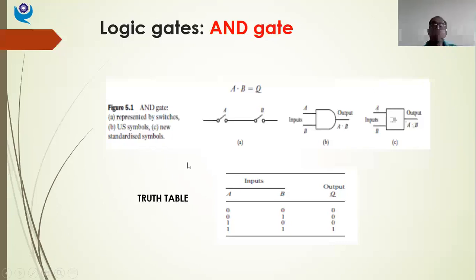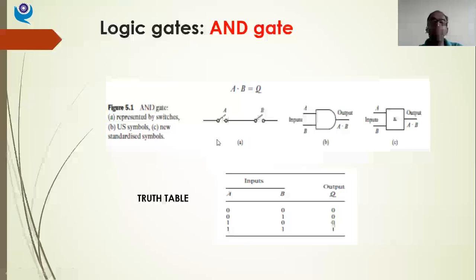See what are the four conditions. Please be attentive. A is off, that is 0. B is 0, output Q will be 0. If A is 0, that is A is off and B is on, because it's an AND gate, output still will be 0. Now A is on, that is A switch is closed, and B is off, B is open, still the output is 0.